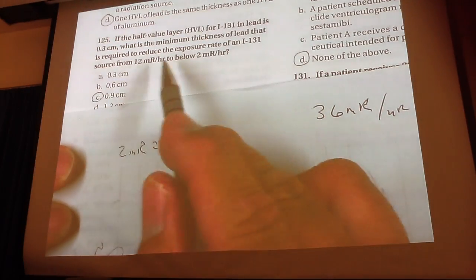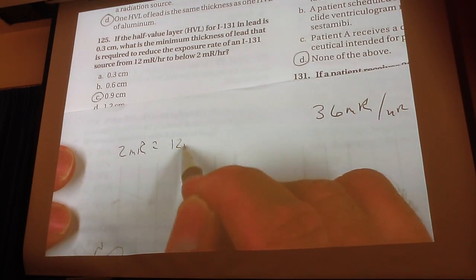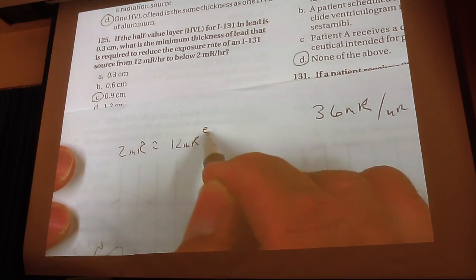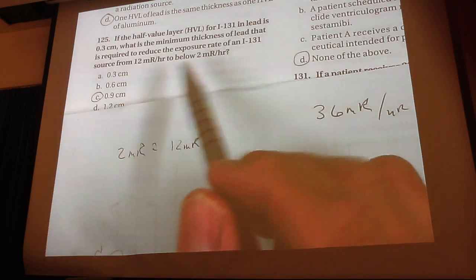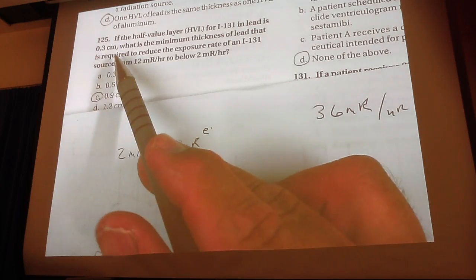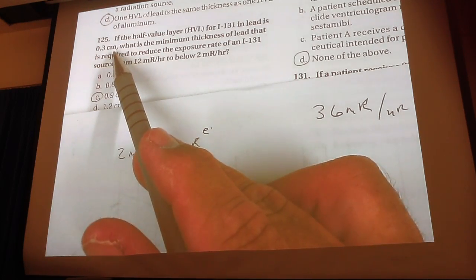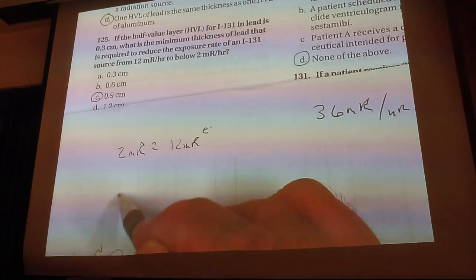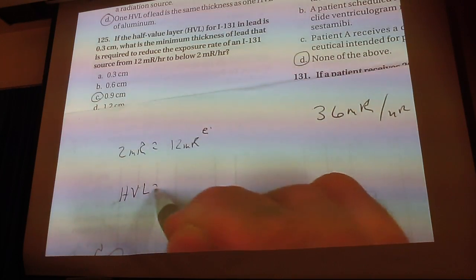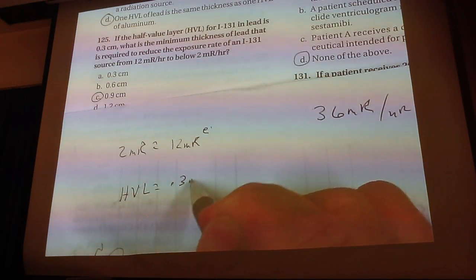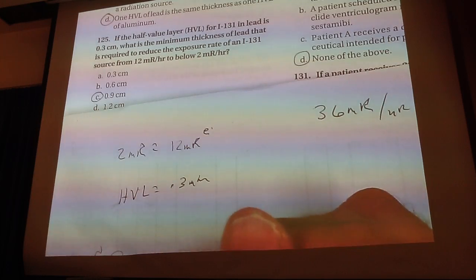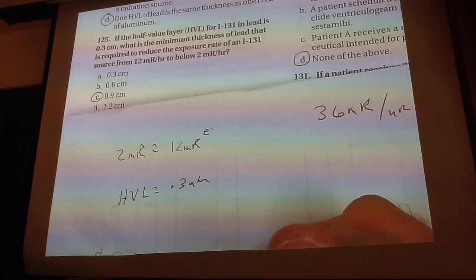We started with 12 mR per hour, and then it's going to be e to the... Now, it says here half value layer. So what do I have to do? The half value layer is 0.3 centimeters. What would be the linear attenuation of that?